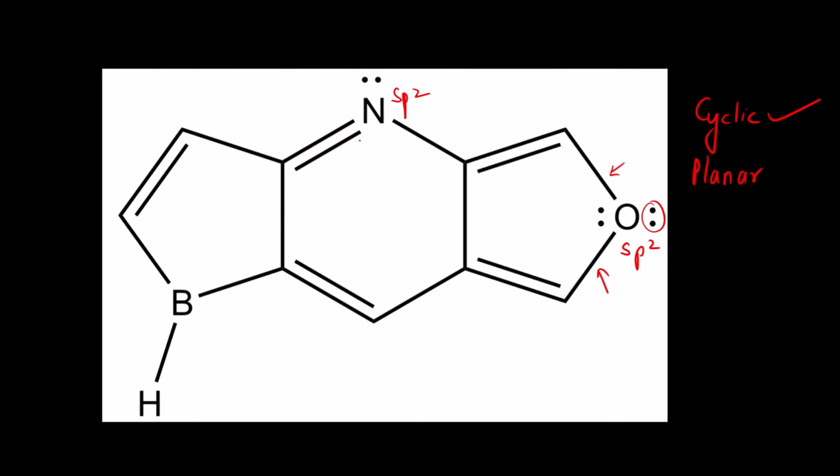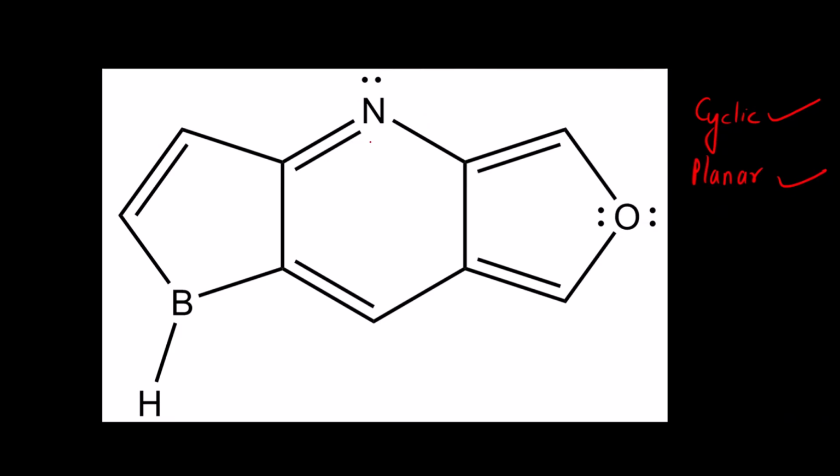Nitrogen is also sp2 hybridized, with one lone pair and 2 sigma bonds. Boron is forming 3 sigma bonds, so it is sp2 hybridized. So all of them are sp2 hybridized, planarity is maintained, and it is planar.